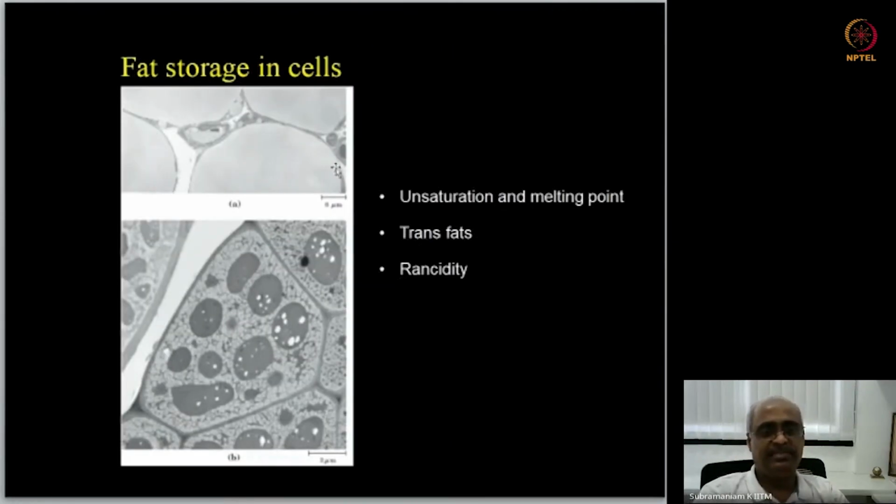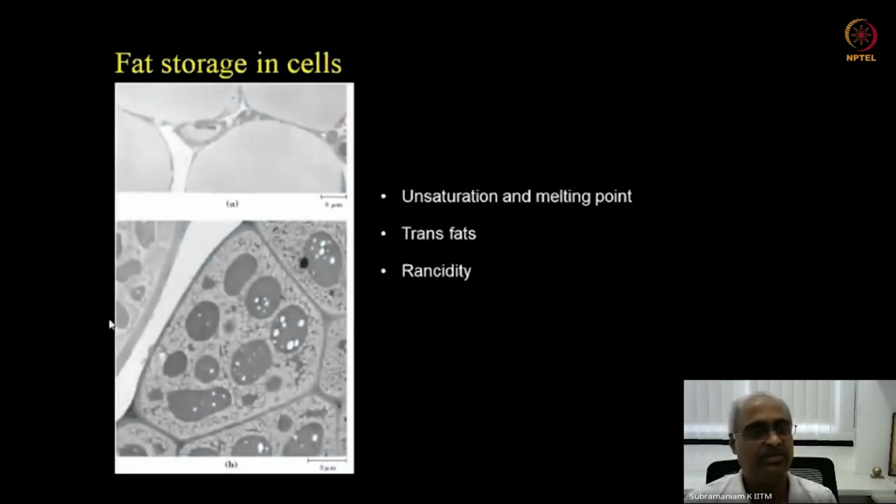And here is an example of 4 adjacent adipocytes. These adipocytes are the cells which are fat filled.